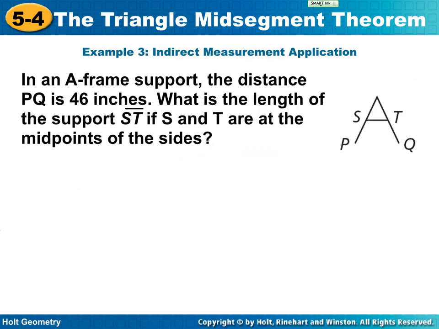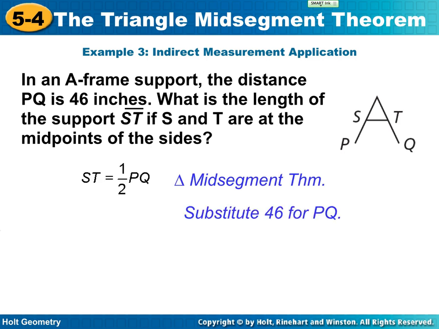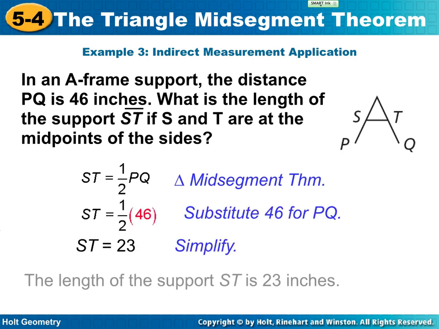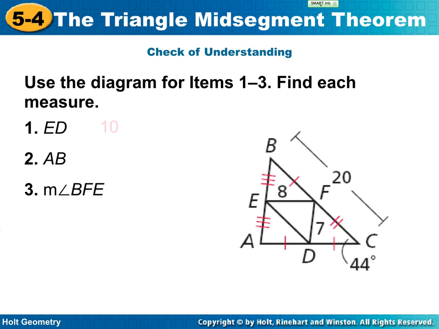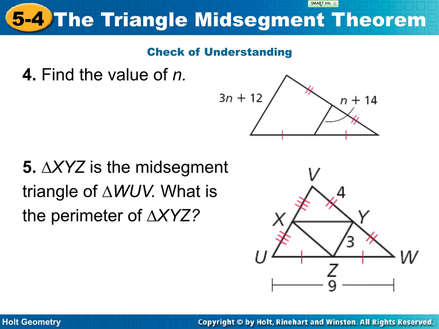All right, and this was just an application. Let me kind of go through that one, same thing. All right, so let's see if we talked about all these. How about the variable one, number 4? How would you do that problem when there's variables in it? Would you set n plus 14 equal to 3n plus 12?